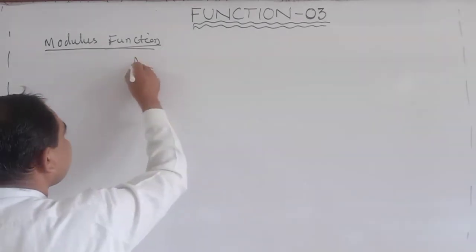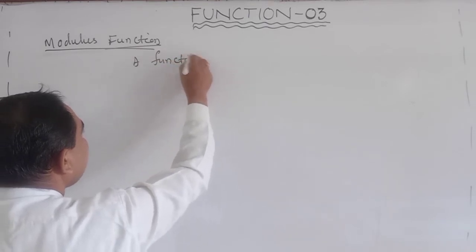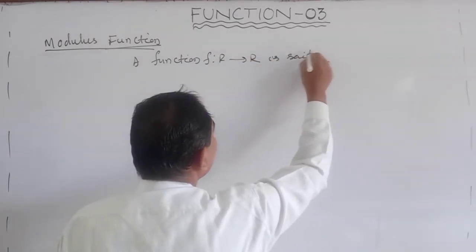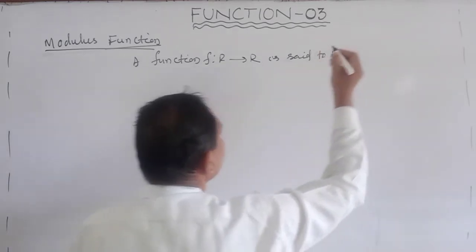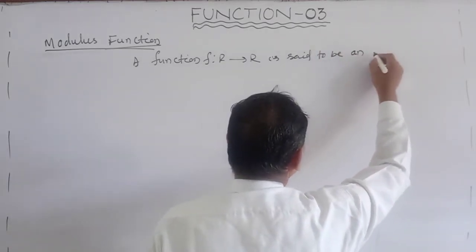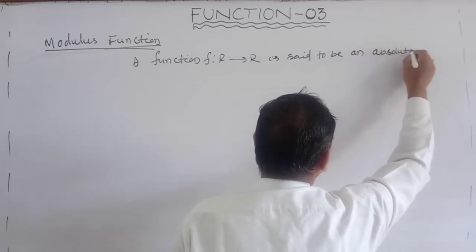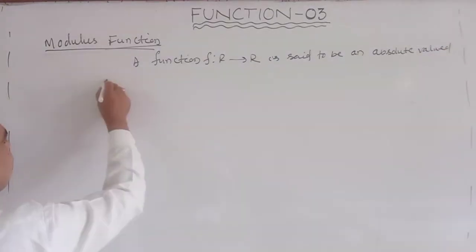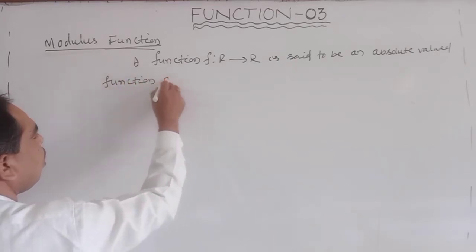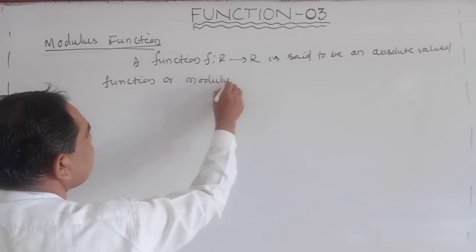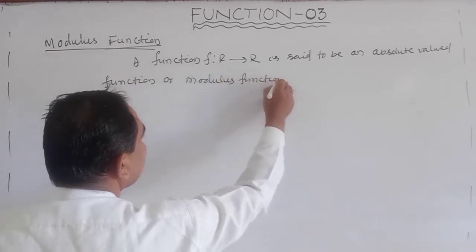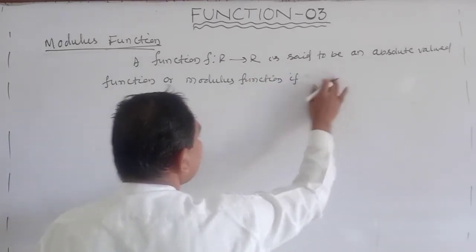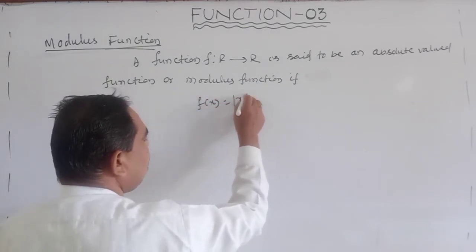A function f from R to R is said to be an absolute valued function or modulus function if f of x is equal to mod of x.